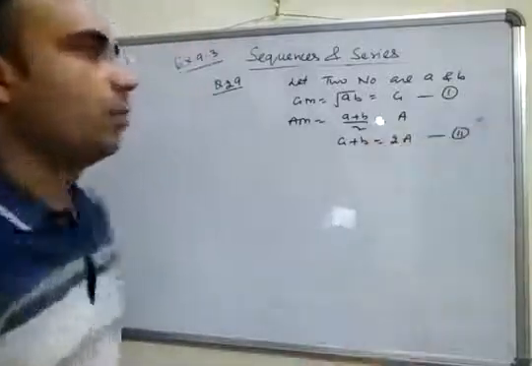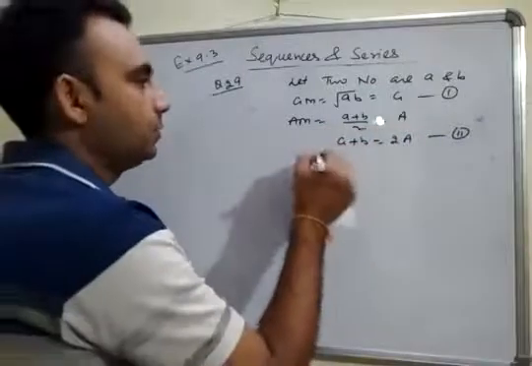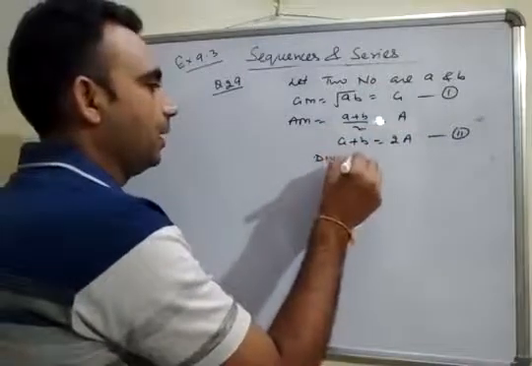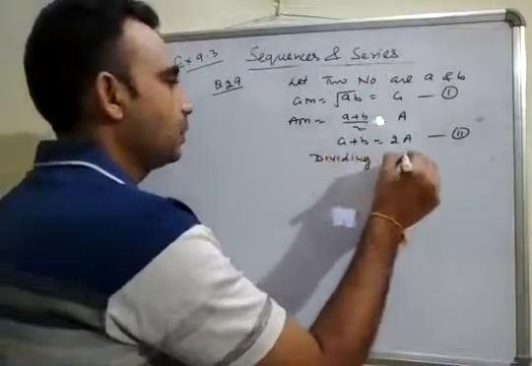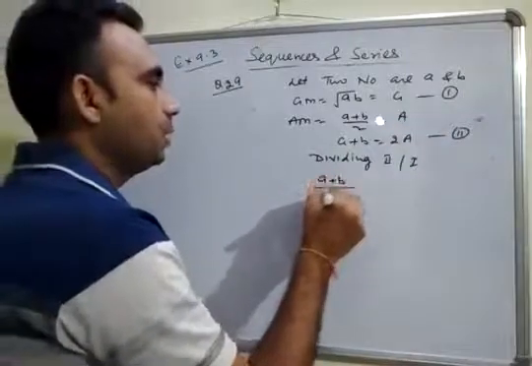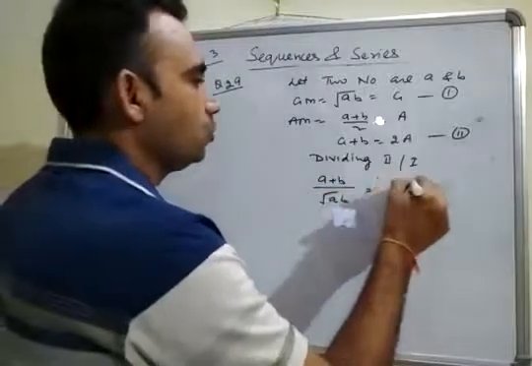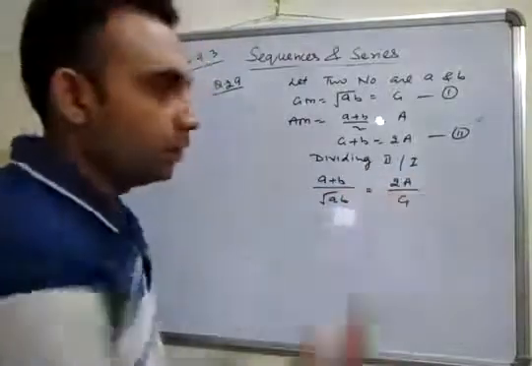This is equation number second. If we divide the second by first, what we get? So A plus B upon under root AB is equal to 2A upon G.